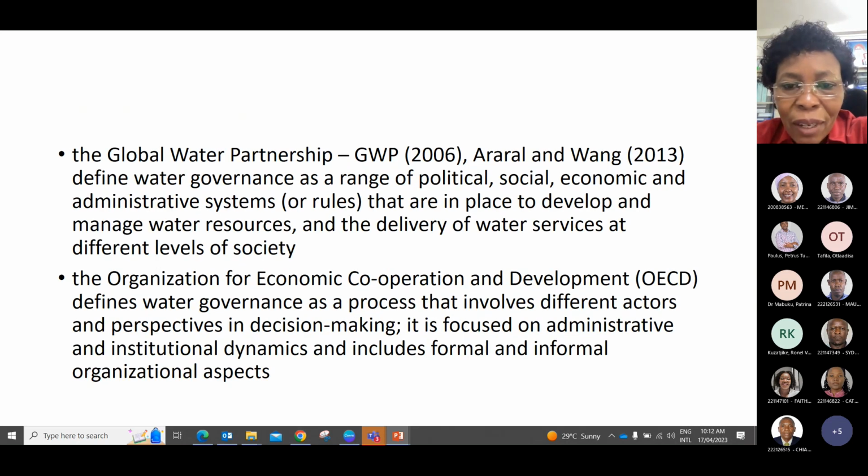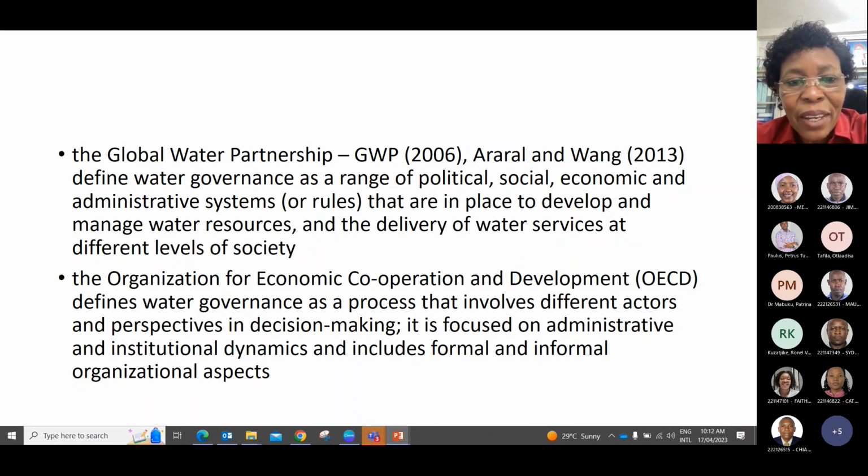The GWP, which I'm sure all participants are aware of, and Rogers and Hall define water governance as a range of political, social, economic, and administrative systems or rules that are in place to develop and manage water resources and the delivery of water services at different levels of society.